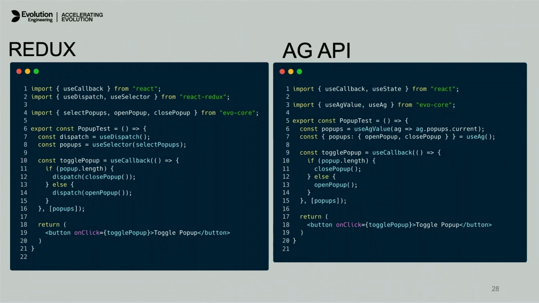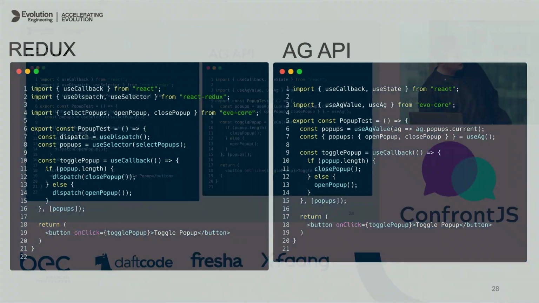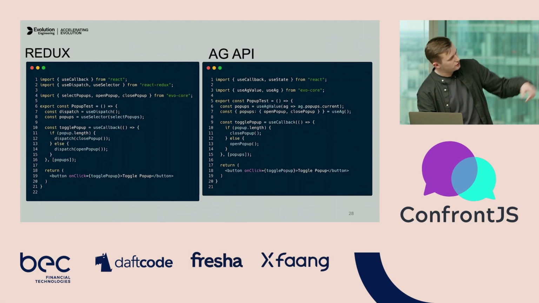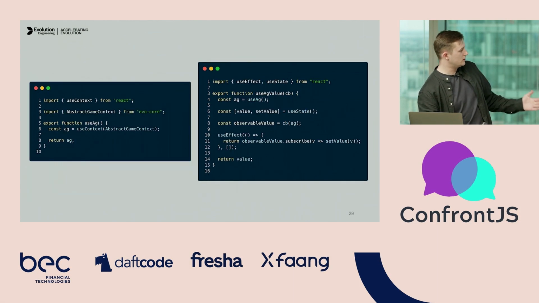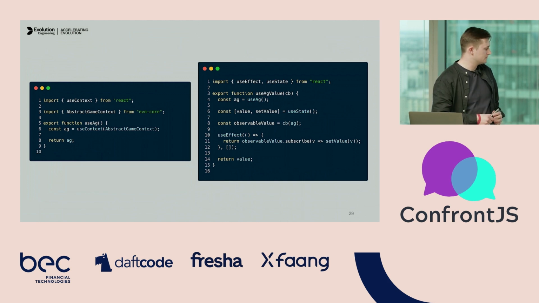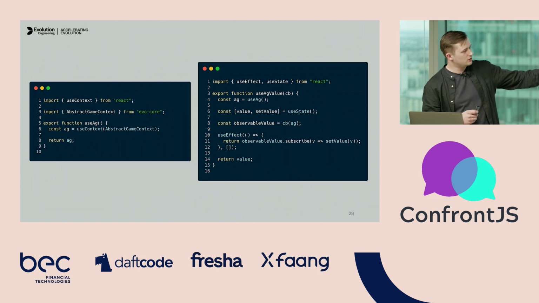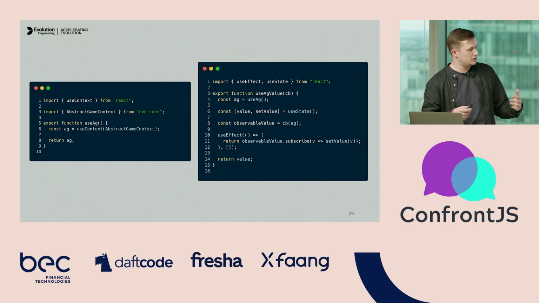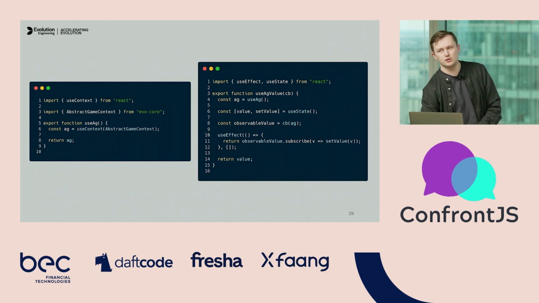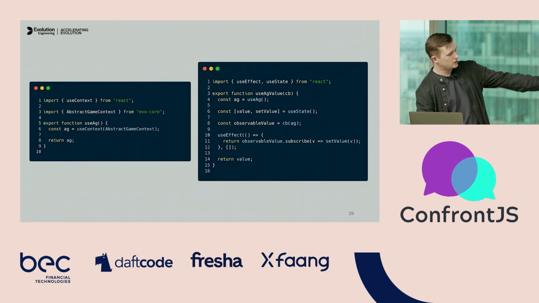On the next line, we get the open and close pop-up actions from the abstract game API instance, and basically do the same. So here you can see useAGValue and useAG hooks, how they are actually implemented. useAG will basically return the instance of the abstract game API, and useAGValue will subscribe to updates of the abstract game API's value and return its value in your React component.